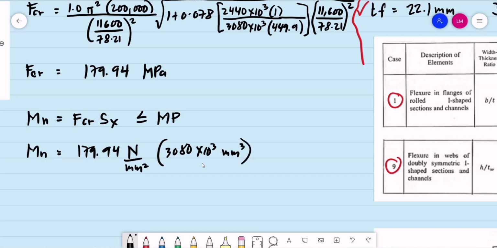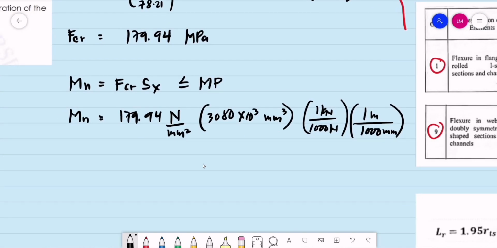If we are to multiply, 1 kilonewton is to 1000 newtons, and 1 meter is to 1000 millimeters, for our final value to be in kilonewton meter.